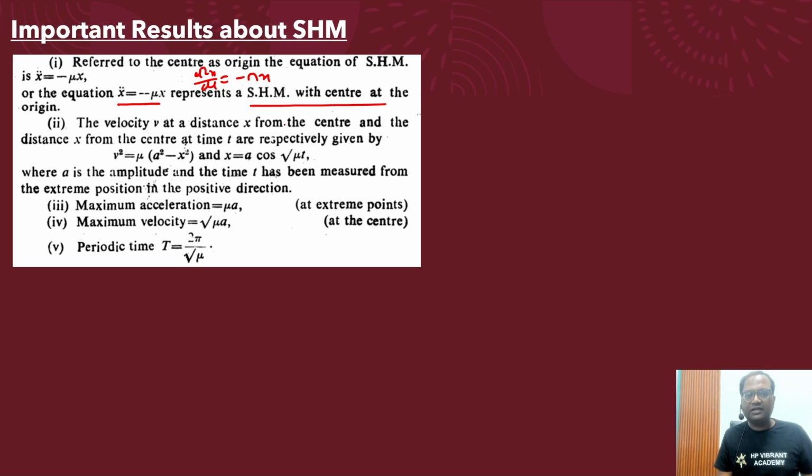Velocity v at a distance x from the center: v square is equal to mu into a square minus x square. This we have discussed. X is equal to a cos root under mu t. This is the displacement at any particular point x. A is the amplitude and t has been measured from the extreme position in the positive direction.